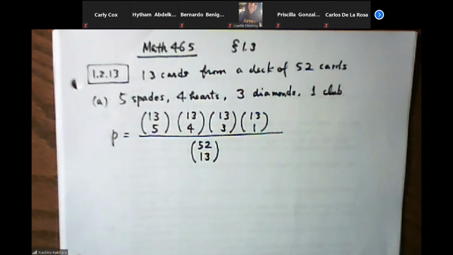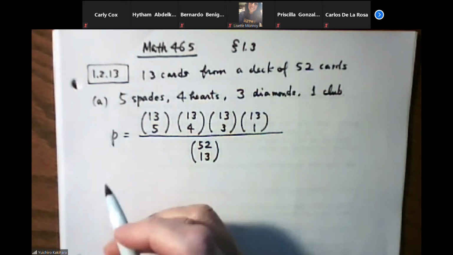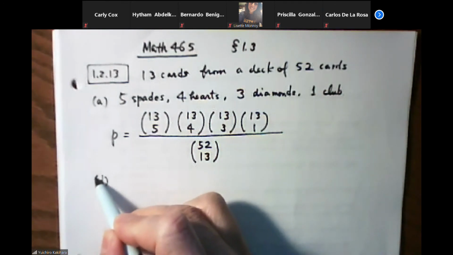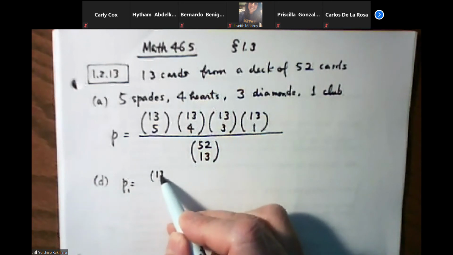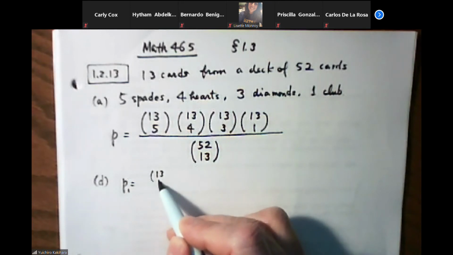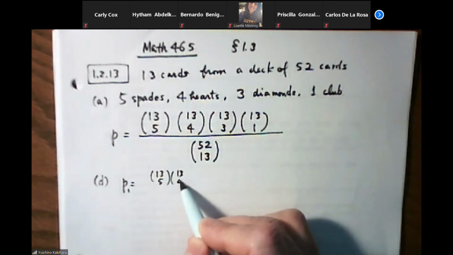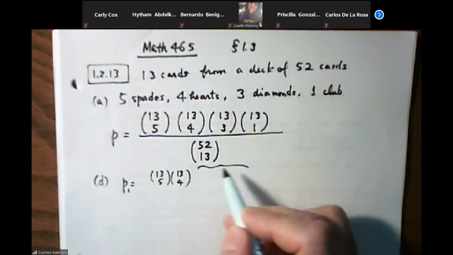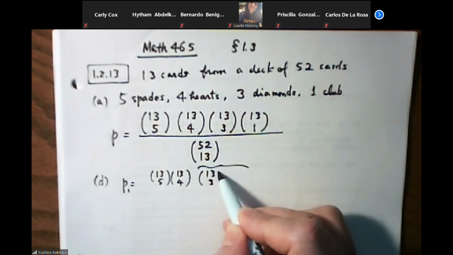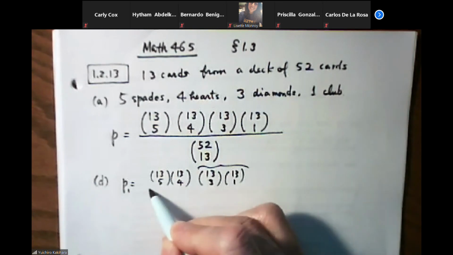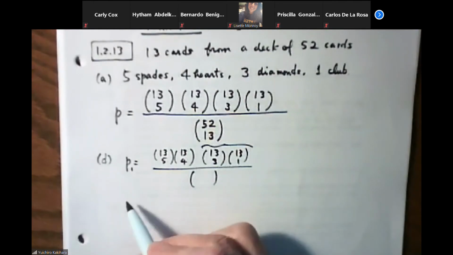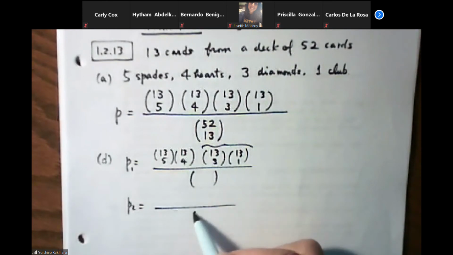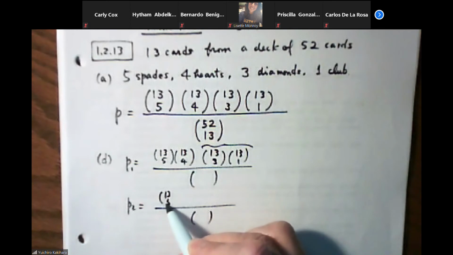So part D. The probability: the first one is 13 choose 5 and 13 choose 4, and then for the other two, 13 choose 3 and 13 choose 1. This is the same as the above. And the other one is 13 choose 5 and 13 choose 4.